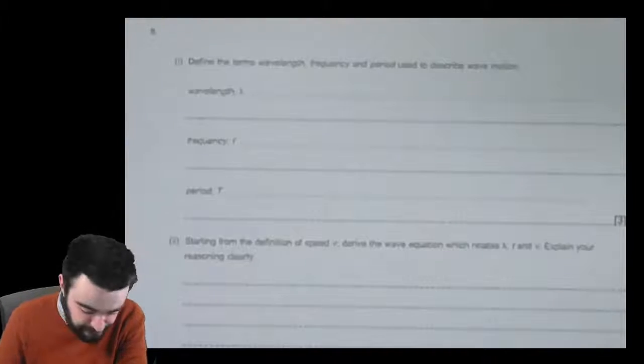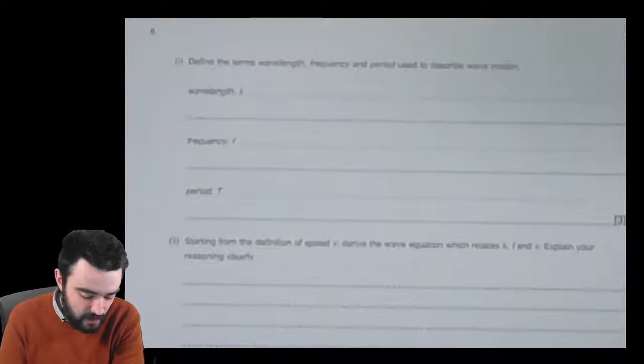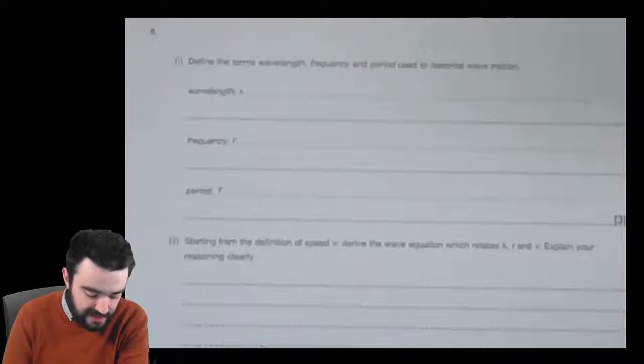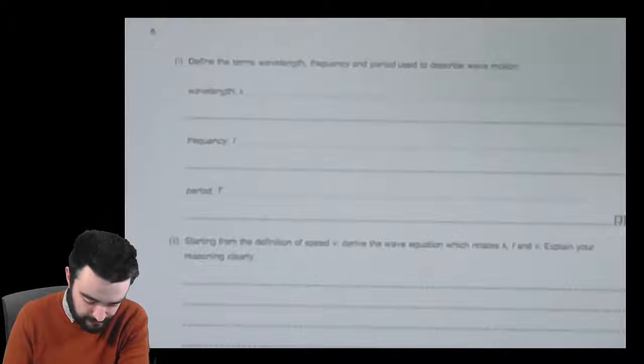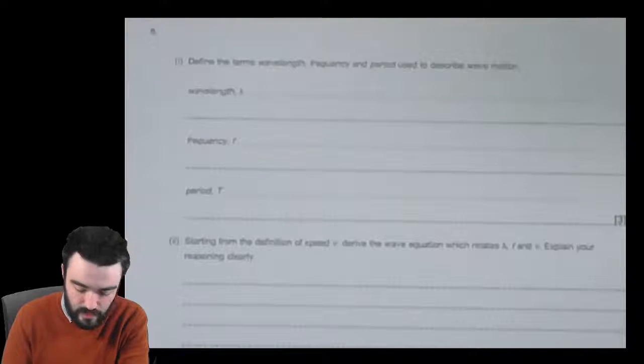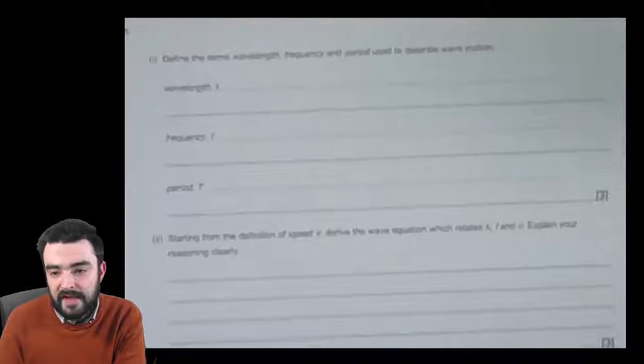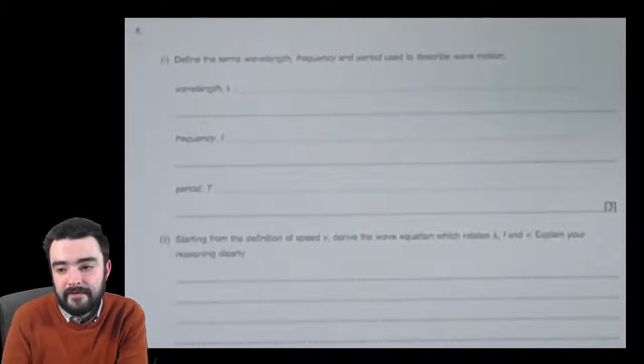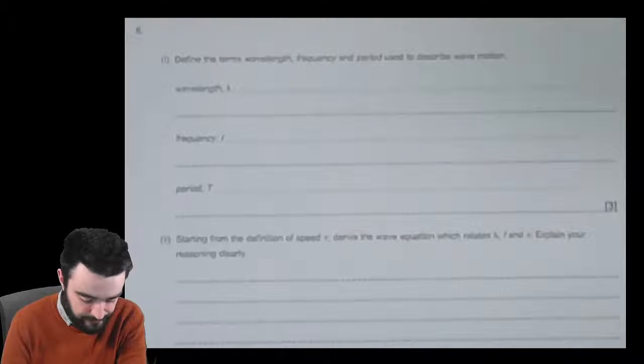The frequency is the number of complete oscillations or vibrations at a point per unit time. You are allowed to say per second, but technically the definition is per unit time.